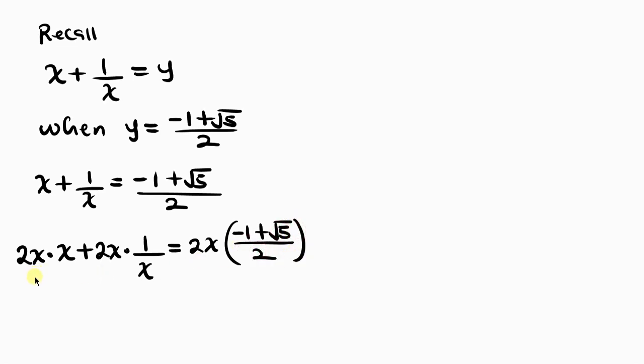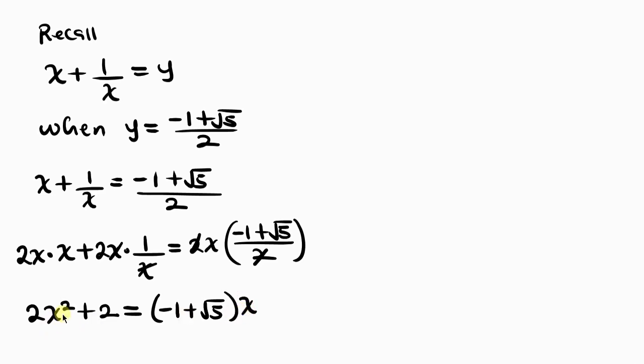Now notice we have 2x times x is 2x squared. Now this x can cancel off this x. So 2 times 1 is 2, equal to, and notice this 2 can cancel off this 2, so that we have negative 1 plus the square root of 5 times x.